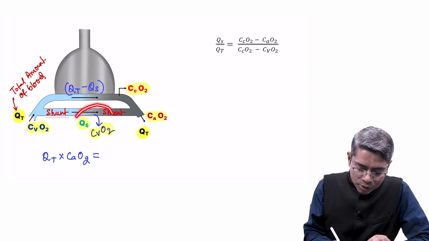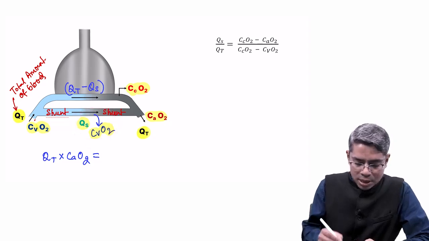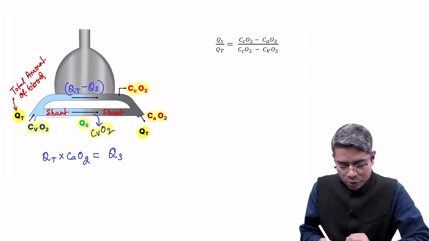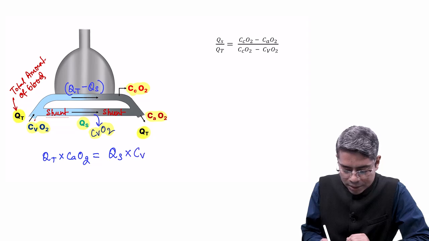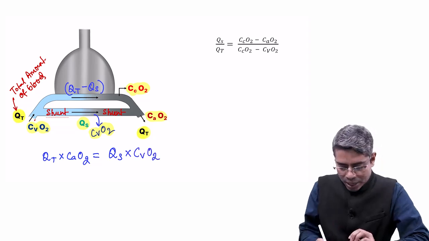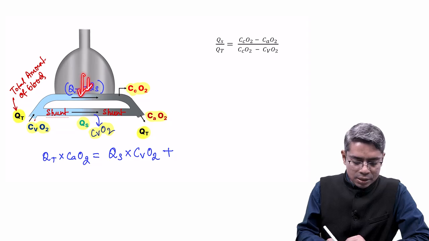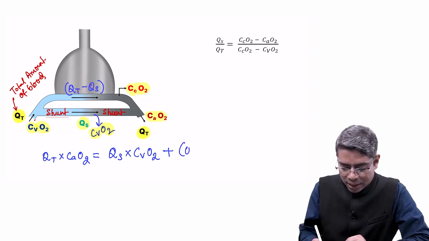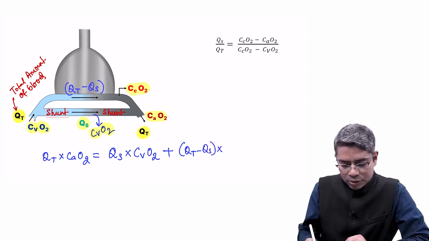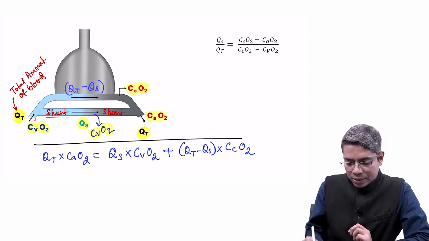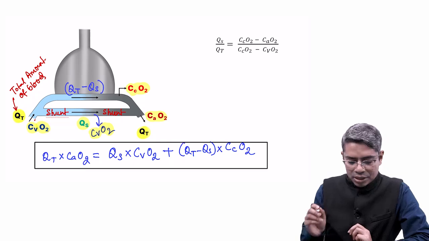So if I ask you what is the amount of oxygen in the shunted portion, your answer will be that QS amount of blood is flowing through the shunted portion and the oxygen content here is the CvO2. Okay. Plus, what is the amount of oxygen coming from this lung region? So what is the blood flowing in that lung region? QT minus QS, already we have calculated that. And what is the oxygen content of this blood? CcO2.